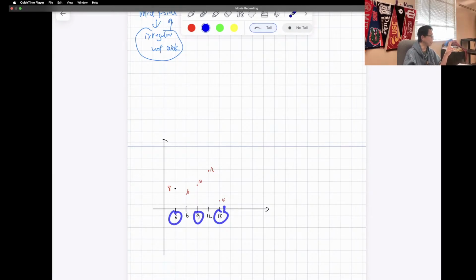But the problem is I cannot use any of those values. I have to use the middle of those 2 values. So I'm drawing this in the middle of the values. I don't use this n. I use the middle. So just say if I break this into 2 intervals like this, right?